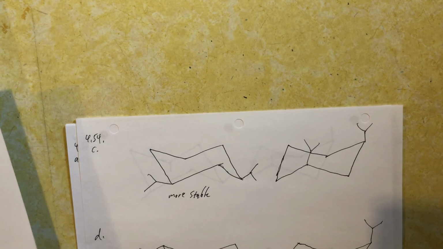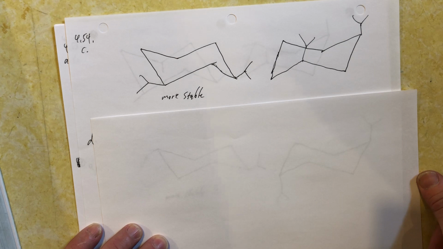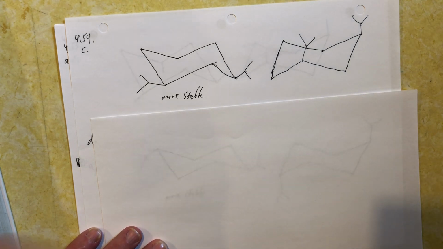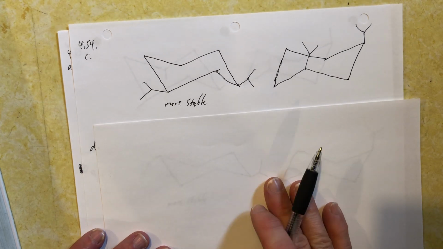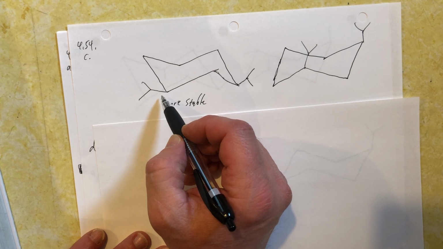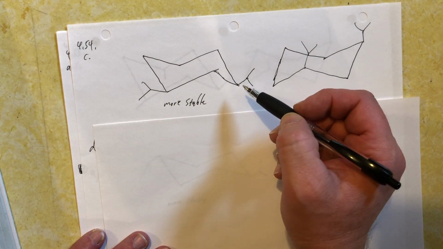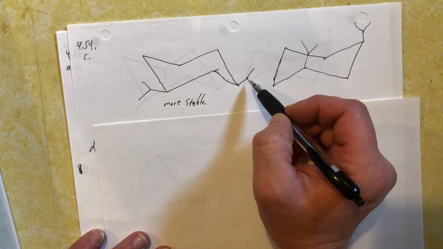C, what I came up with was, where am I at? 4.54. Something's wrong. No, okay, it's okay. Cis-1,3-diisopropylcyclohexane. Now, because I'm another carbon position out, if this is the 1 and this is a 3, I should get kind of the same result all over again.